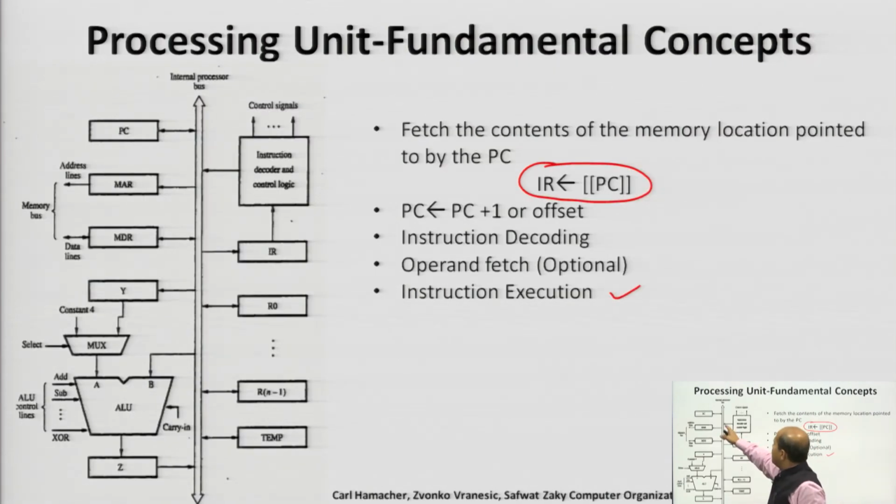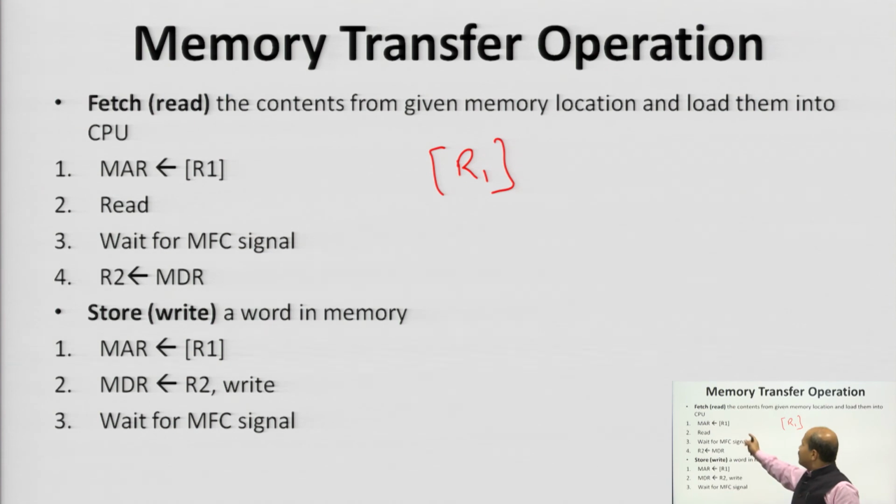As you can see, the MAR is used to transfer the address, which is connected with the memory through the external bus address line. So, this address is transferred first to MAR, and then the read signal will be issued by the control unit, because the operation is to fetch the content from the memory location whose address is given in the R1 register.